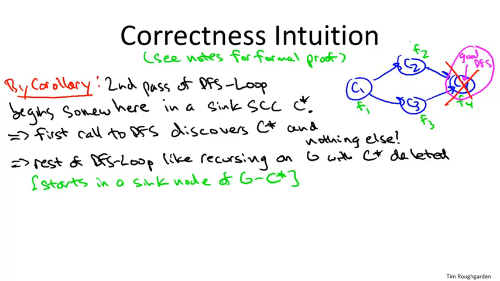Now, the next invocation of DFS will come from somewhere in F3, somewhere in C3. That's the only remaining sink SCC in the residual graph. So the third call to DFS will discover this stuff. And now, of course, we're left only with C1. And so the final invocation of DFS will emerge from and discover the nodes in C1.